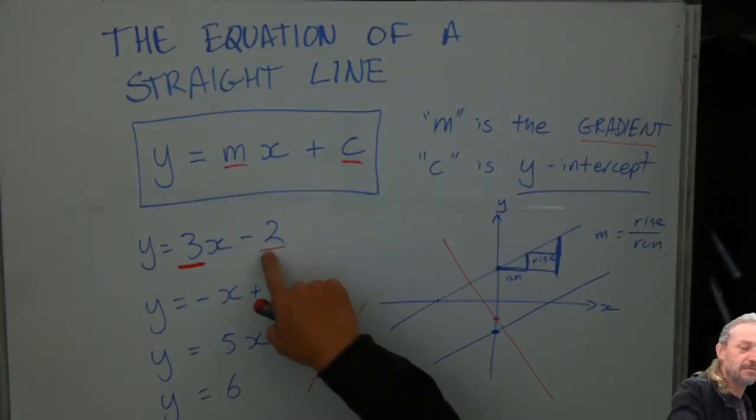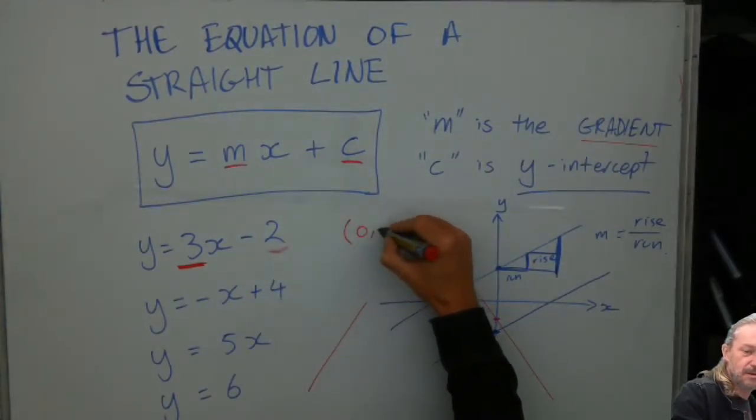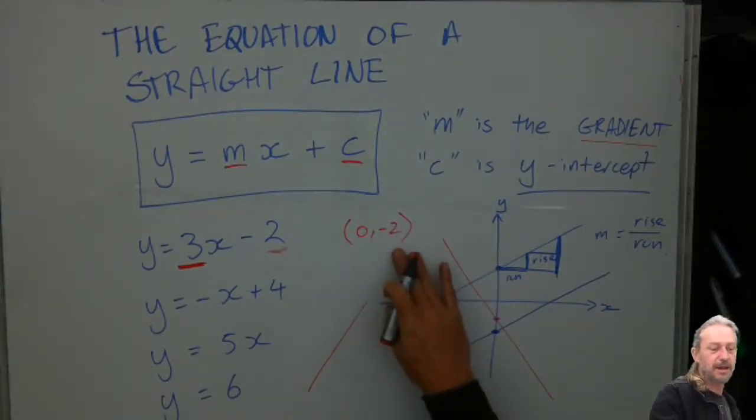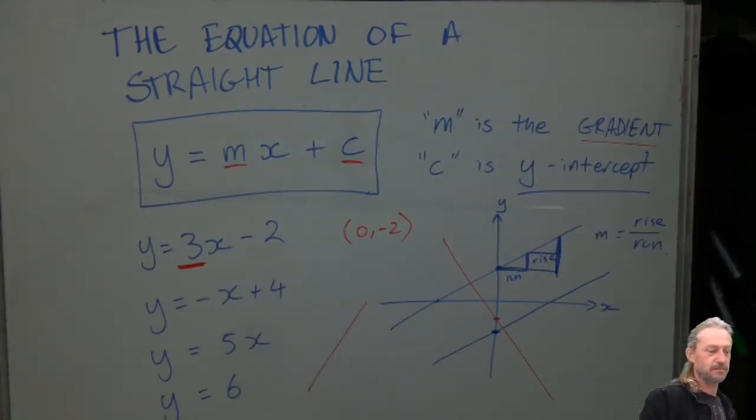So the y-intercept would be written as a coordinate like that, but if it just said what is the y-intercept, you could say -2.